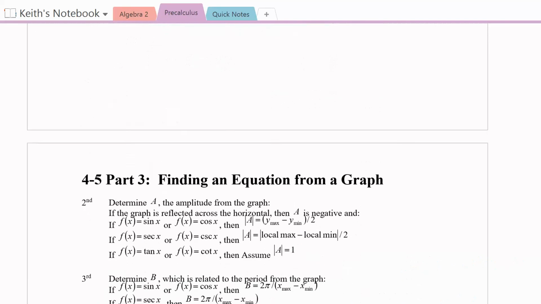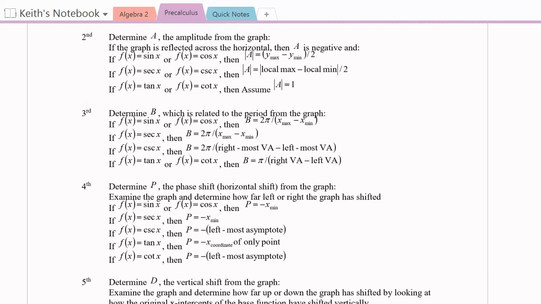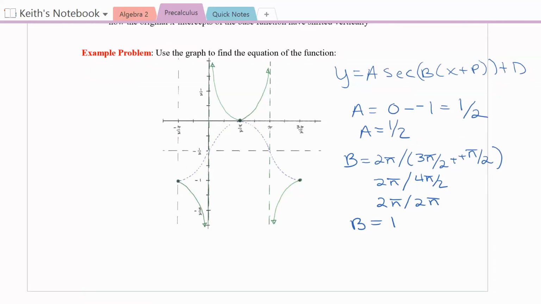Now, to find the p term, the phase shift. For secant, you're going to take the opposite of the x minimum, because normally the cosine graph starts at 0. So it's shifted to the left pi over 2. It's going to be the opposite of negative pi over 2, which means that it's equal to positive pi over 2.